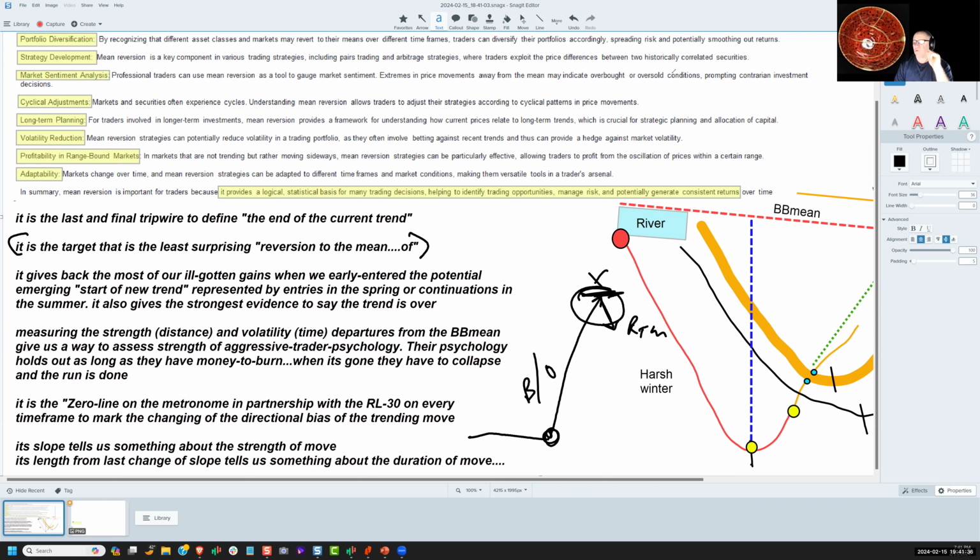And the mean that it is going to revert to, we're going to define as the Bollinger Band mean, the simple moving average 30 in our construction.